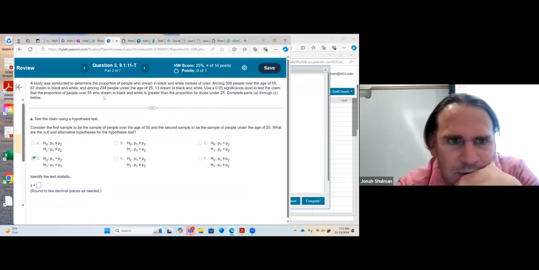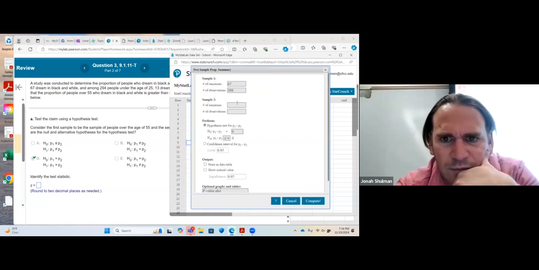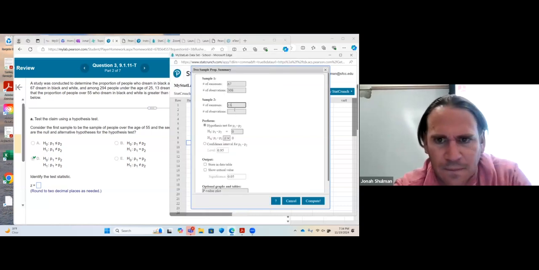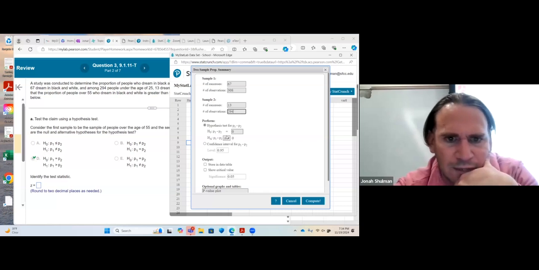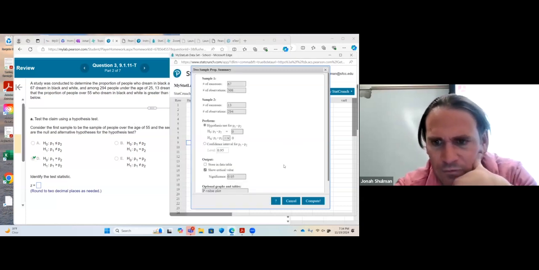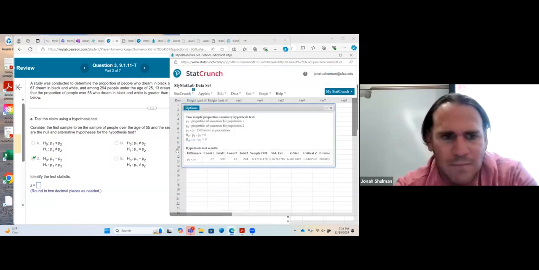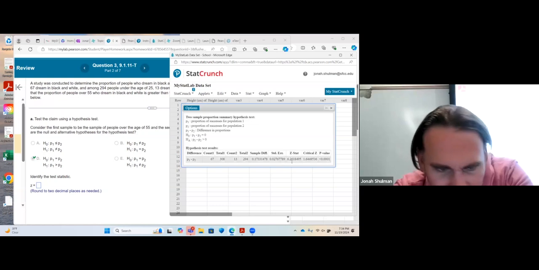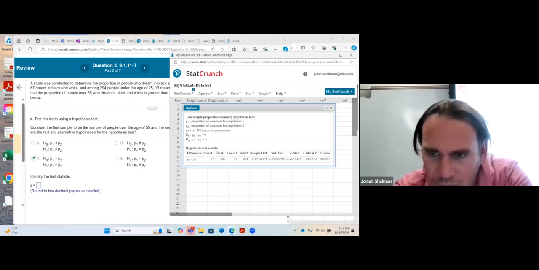The second one was 13 over 294. All right, and we're saying that this is going to be a greater than, and I want the critical value at the 0.05 level. Compute, magical. So our Z stat to 2 decimals is 6.26.